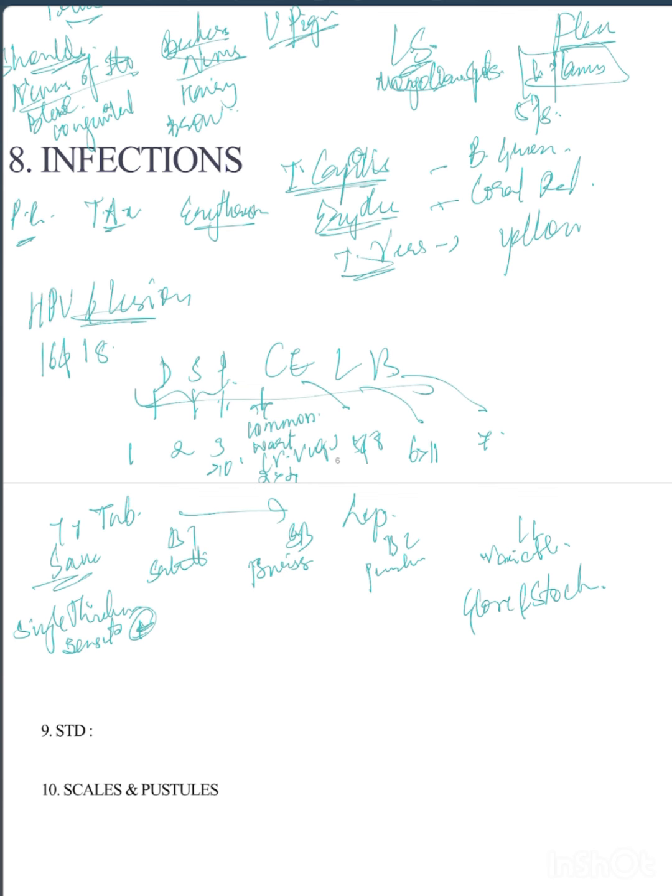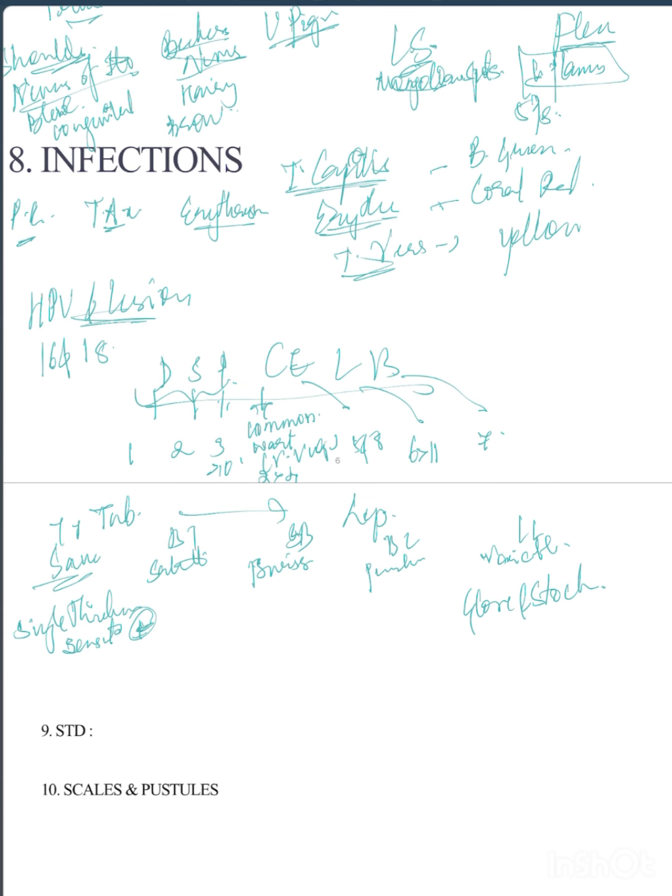Then the most important thing will be your STD. How do you approach this? I'll be covering it later on, but just remember this table where there is a painful or painless ulcer. Primarily, you go ahead investigating with the ulcer. If it is multiple and painful, then it has to be either chancroid or herpes genitalis, where herpes genitalis does not form any abscess.